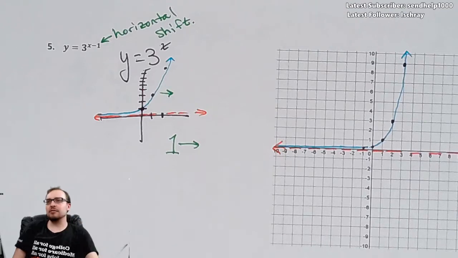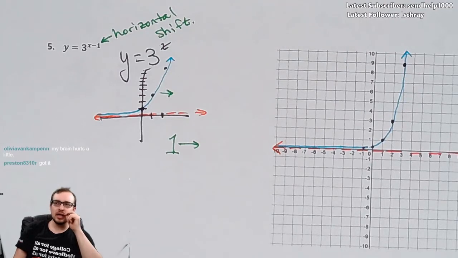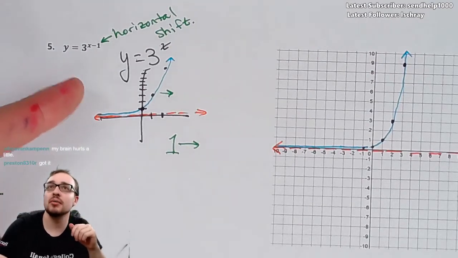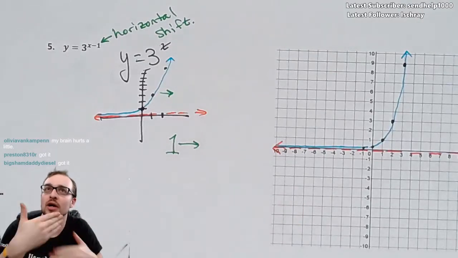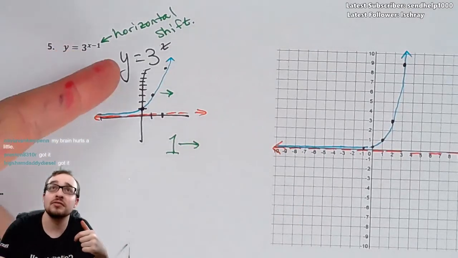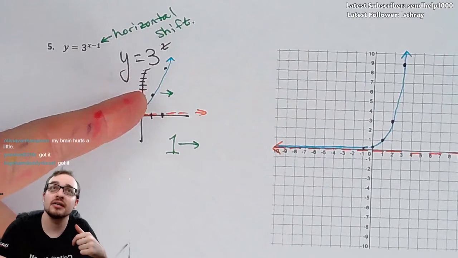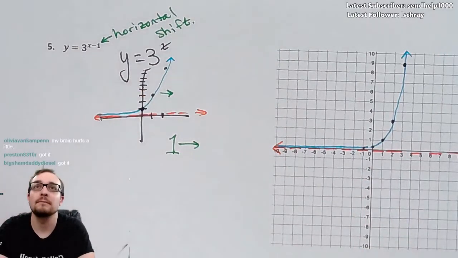How are we feeling? Brain hurts a little? Got it? You can always graph it by plugging in numbers, right? That's what I did to graph this. But another way to think of it is the easy function, y equals 3 to the x, looks like that. This one's moved 1 to the right.